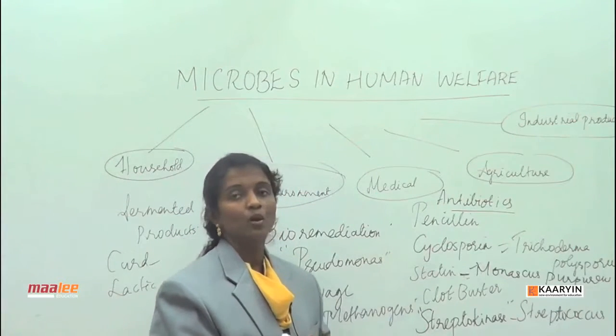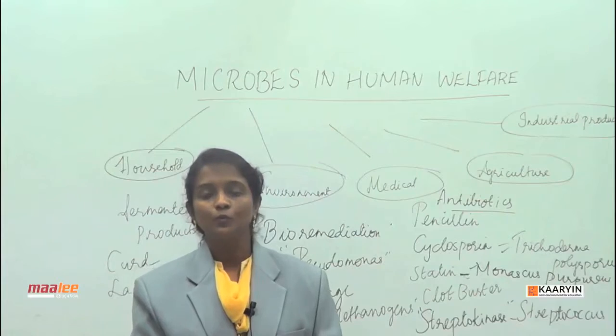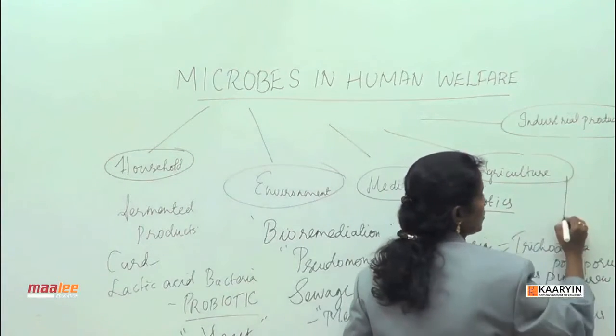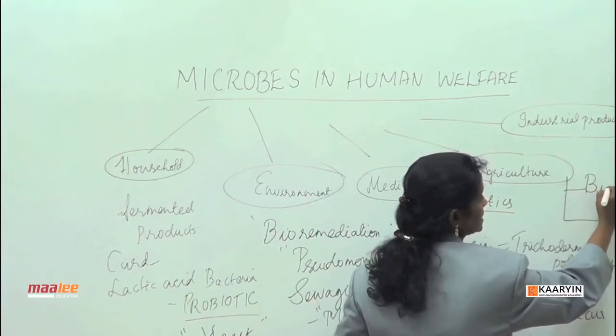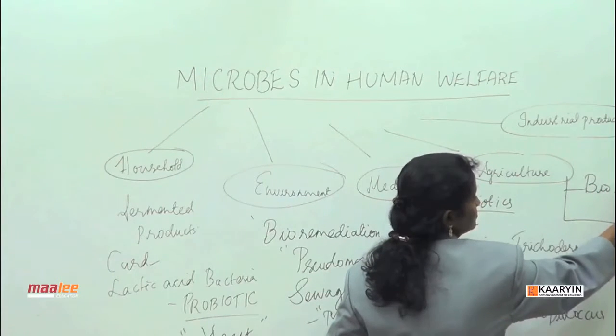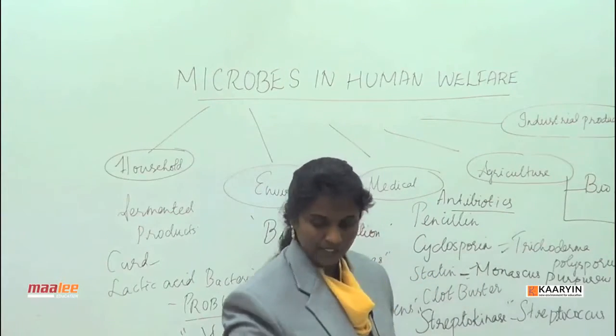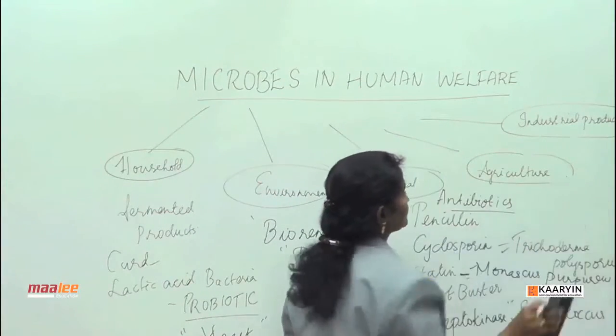So, we have myriad of medical applications ranging from antibiotics to the various drugs that we have discussed. Then we will move on to how microbes are useful to us in the field of agriculture. In agriculture, they are useful to us in the form of biofertilizers and biopesticides.